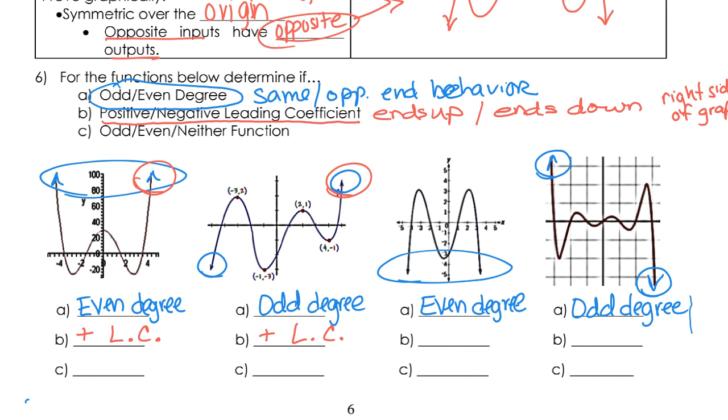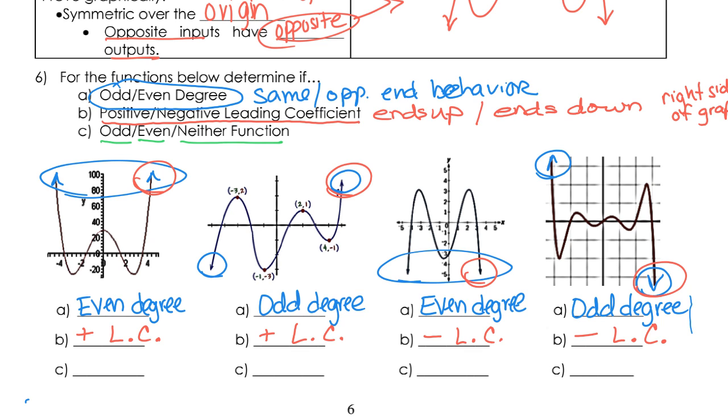In part B of the third graph, that ends going down, and so this would be a negative leading coefficient. And in the very last graph, this ends on the right-hand side going down, and down would be a negative leading coefficient.